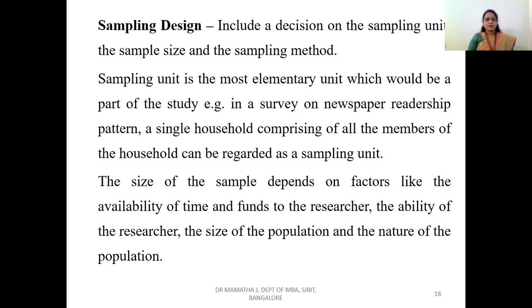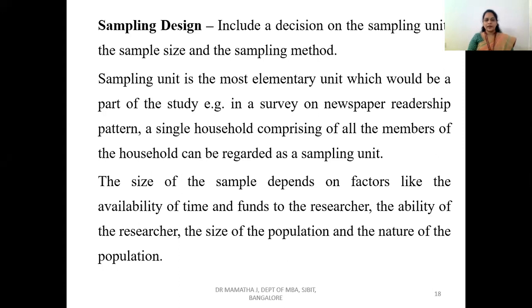A sample is a small part or a subset of the population. Since a population size will be very huge, covering the entire units or elements of the population will be a tough and tedious task. So a small sample would be drawn from the population, which is a true representative of the population. So this has to be taken into account while designing the sampling design.